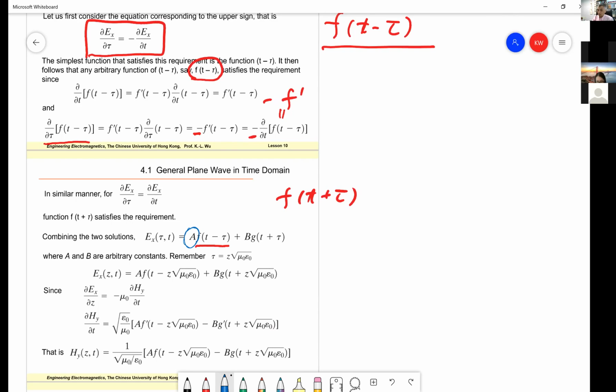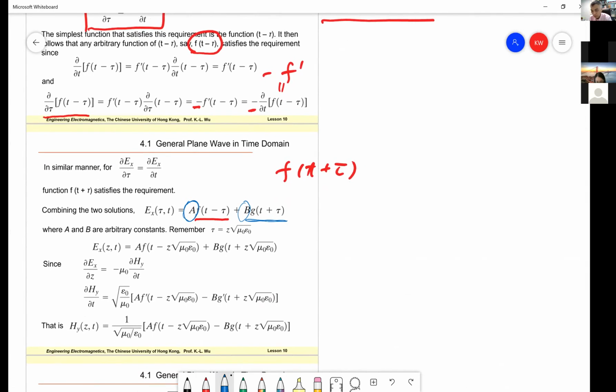Then the second equation is also an arbitrary function, but not necessarily the same as f, so I use g, with argument t plus tau. In this case, I also multiply by a constant b.